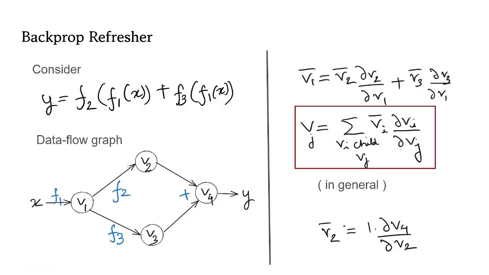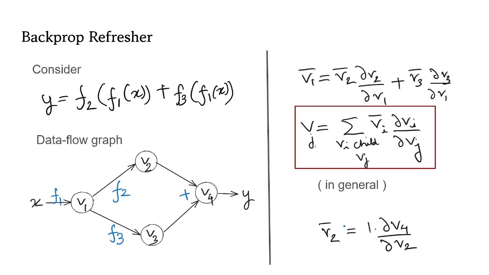The contribution coming from this branch is the adjoint of the child, the upstream gradient, times the local partial derivative, and same for this branch: the adjoint of v3, the upstream gradient here, times the local partial derivative of v3 with respect to v1. So when you have this sort of branching, you always add them up.